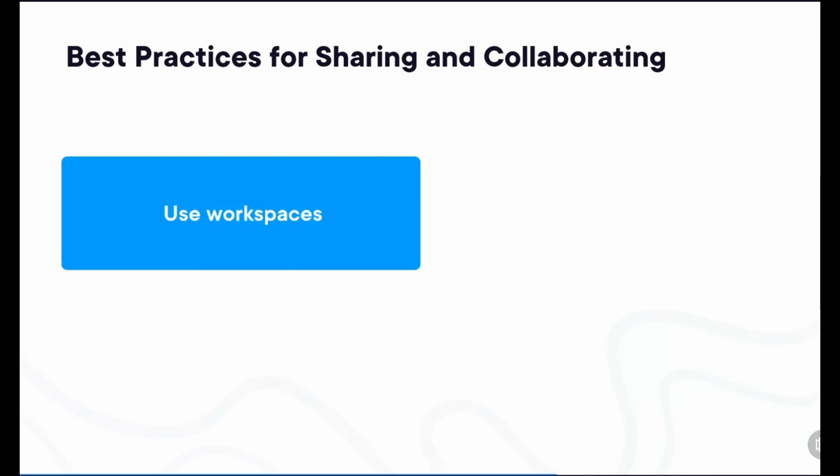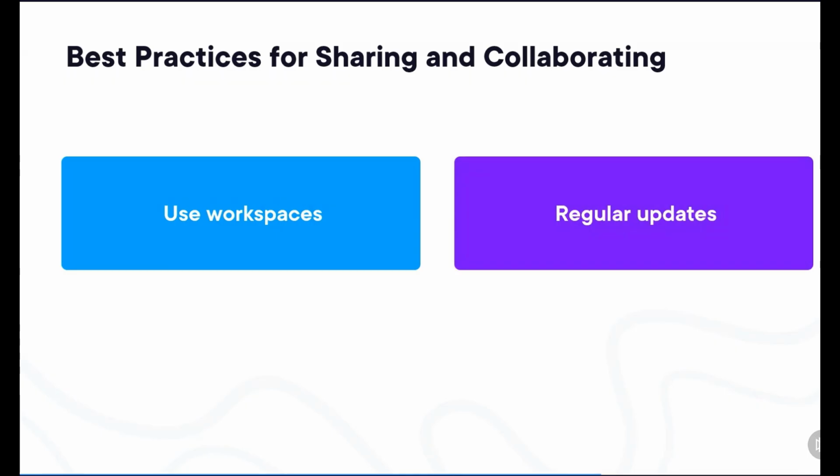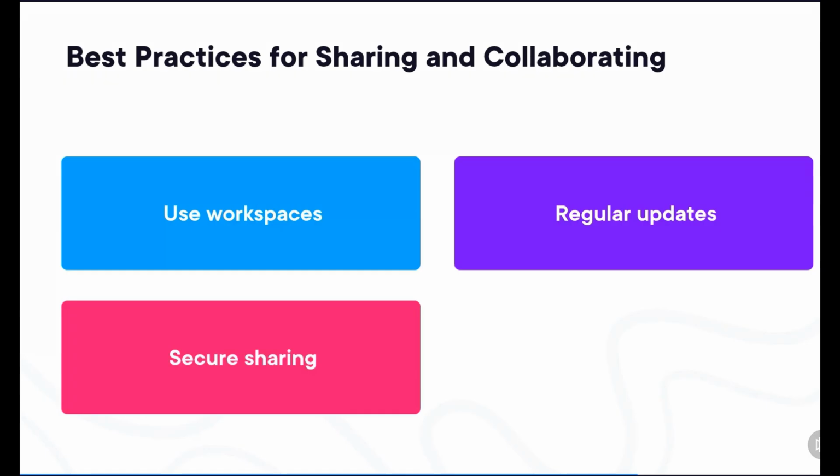Use workspaces. Organize your reports into workspaces based on teams, projects, or departments. This structure simplifies access management and collaboration. Regular updates. Keep your reports up to date by refreshing the data regularly and notifying stakeholders of any changes or new insights. Secure sharing.